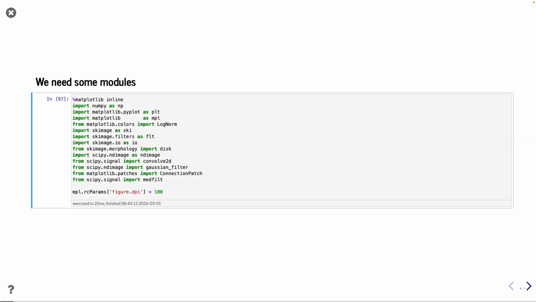The usual thing, we need a bunch of modules to run this notebook if you want to run it on your own. You should probably clone the repository, and then you can always do a git pull to get the latest updates, and then you can run the Jupyter notebooks from this.